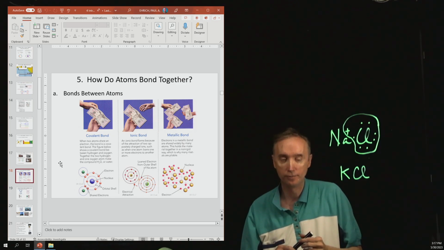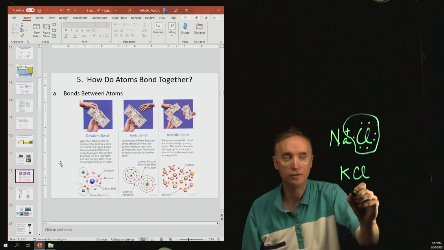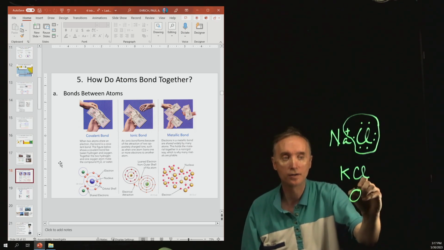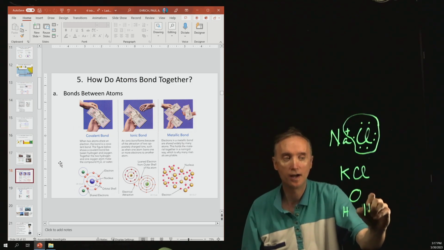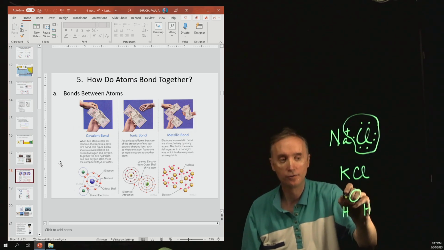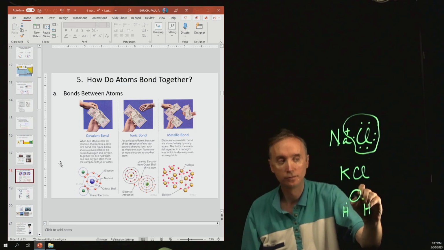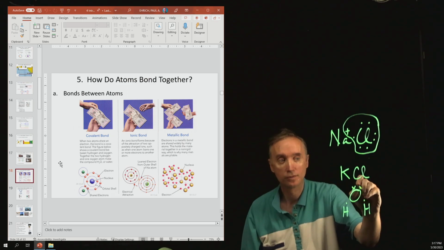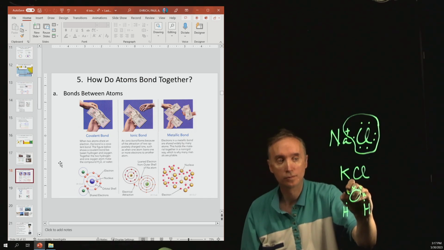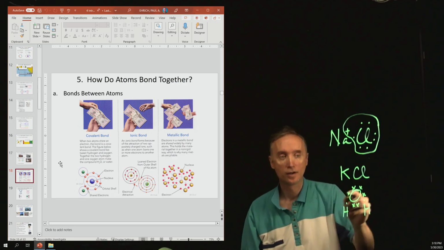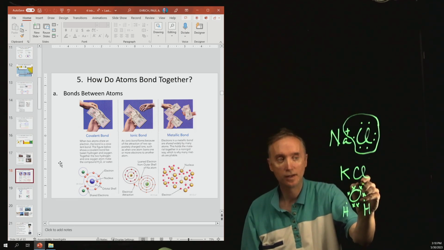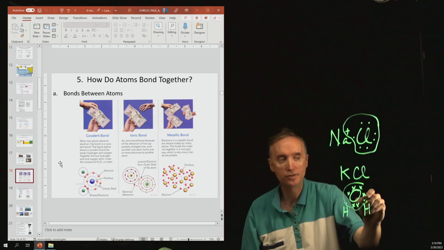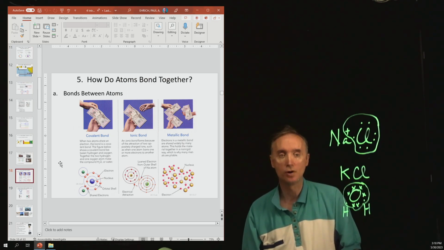A covalent bond is where the electrons are shared. The example that we used was water. Oxygen, and then hydrogen and hydrogen. Hydrogen's in column 1. Oxygen is in column 6. So oxygen wants 8, and it sees all of this, and it wants them all.